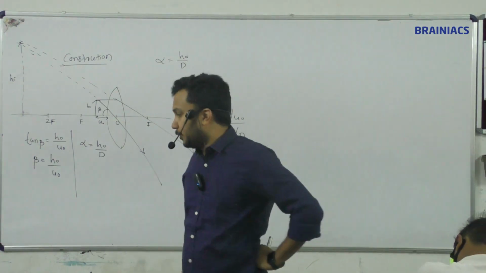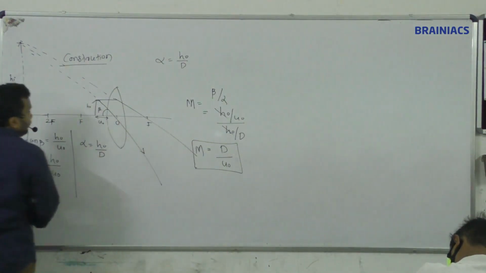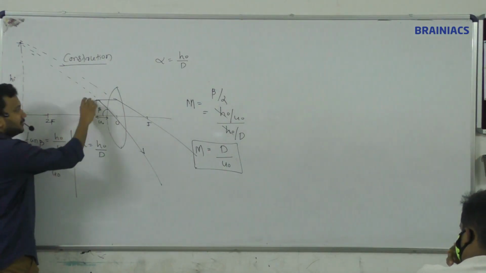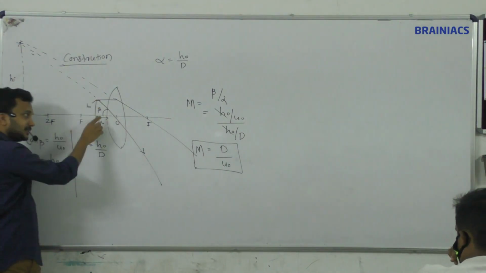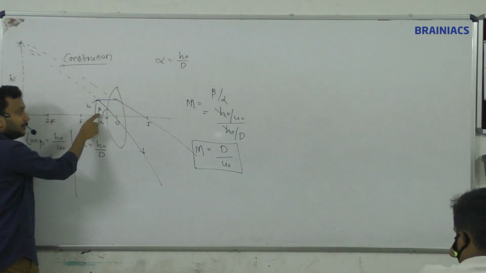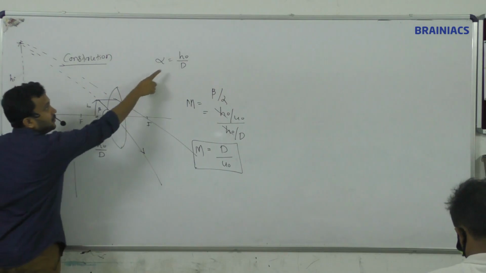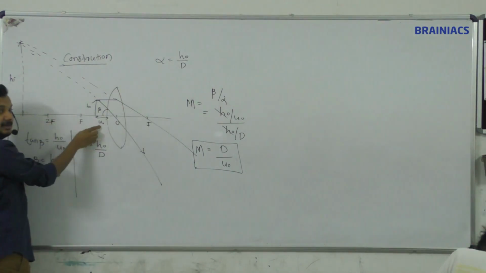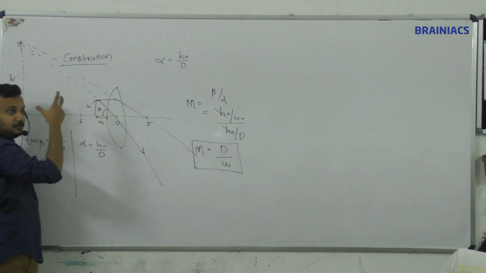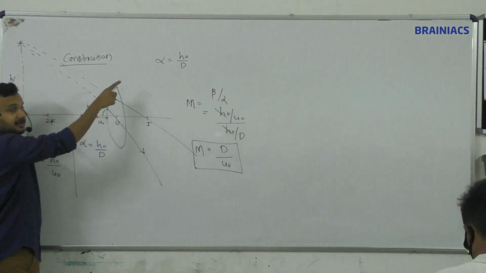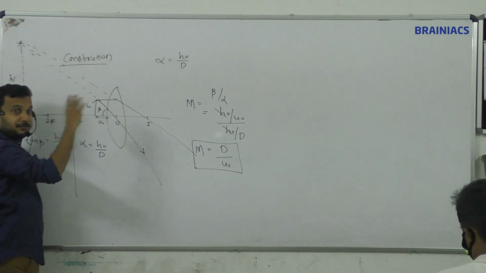One question he asked is, can this angle be alpha because this is also made with the object? Yes, this angle can be alpha, but provided this distance is capital D. That is why H0 by D is written, because D, for a normal eye, is the least distance of distinct vision. The capital D for a normal eye is fixed.